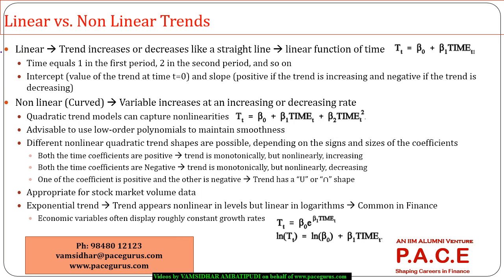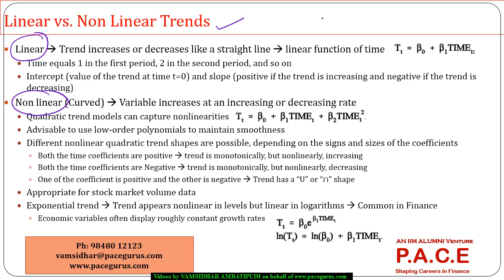Now, while defining the trend, we generally use two different definitions. One, a linear trend, the other one being a non-linear trend. In a linear trend, we see that the trend either increases or decreases in a straight line.